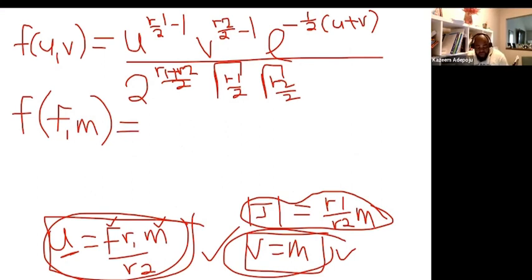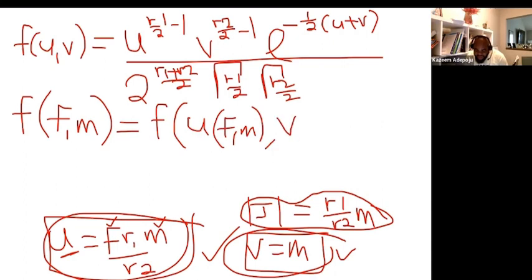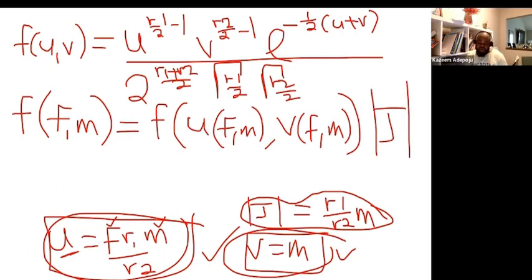If I want to get the F of F and M, what I'm going to do is express the inverse of this guy, the inverse of that guy, in the formula, and everything multiplied by the determinant of the Jacobian. That is exactly what I want to do.